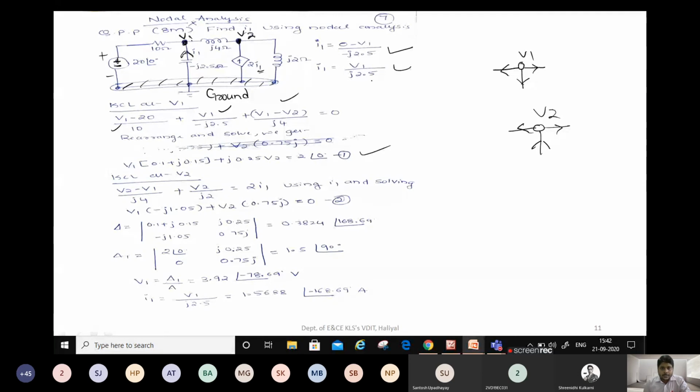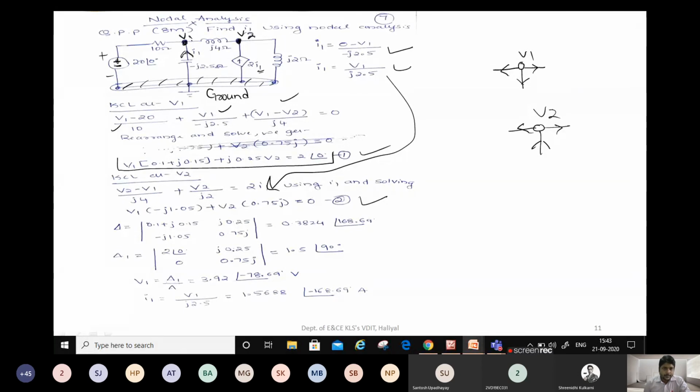Use the value of I1 from here and substitute it here. If you substitute and rearrange the terms in terms of V1 and V2, you will get this equation. So now we have only two equations.